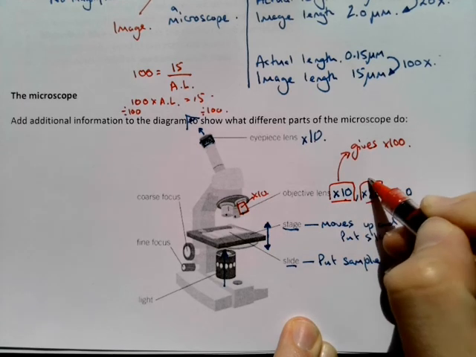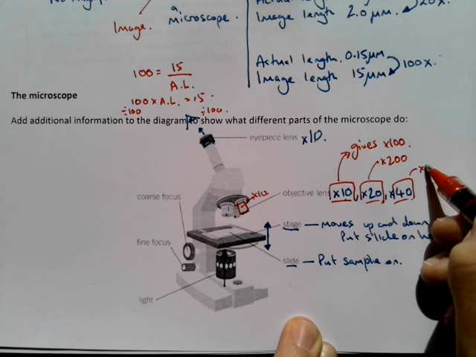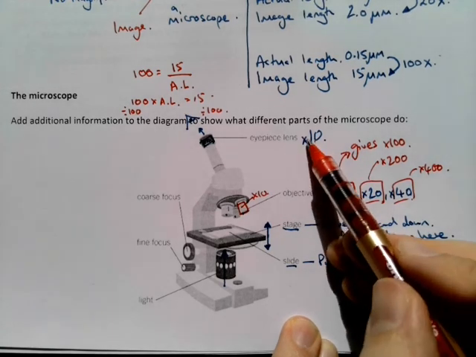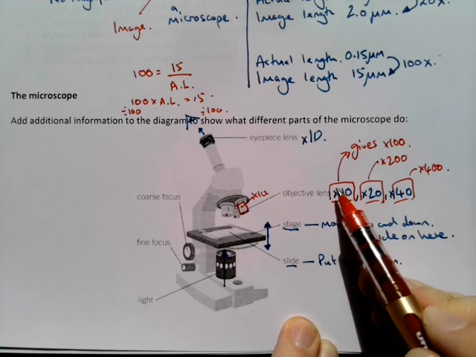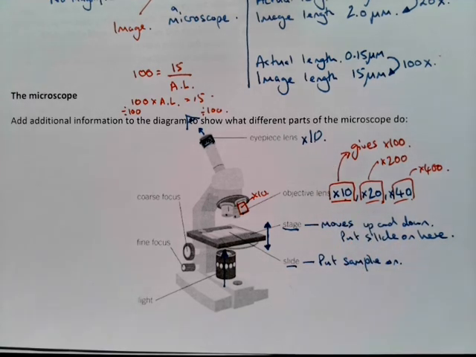Likewise, this is going to give you ×200, and this would give you ×400 magnification. When you combine 2 lenses together, you need to multiply the numbers together to get the total magnification.